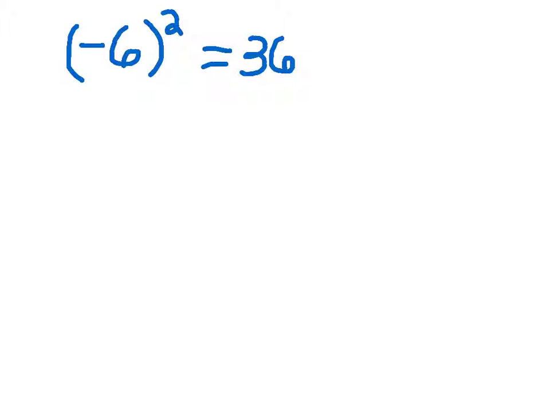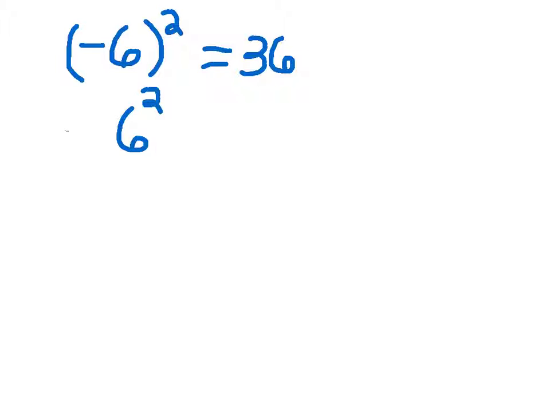This is not to be confused with the opposite of 6 squared. When I'm thinking about the opposite of 6 squared, following order of operations, I have to do the exponent first. So what is 6 squared?